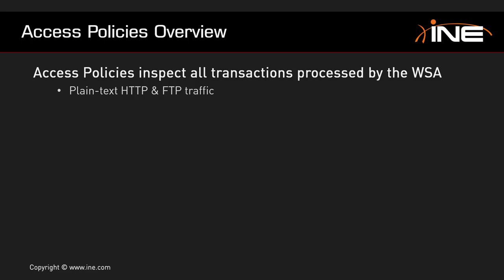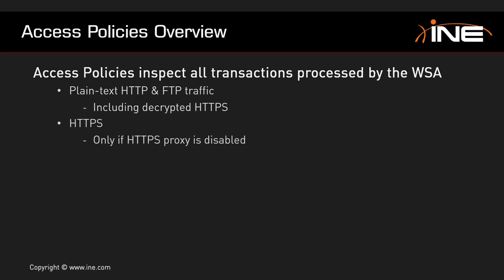But the key thing here is that if you enable decryption, which is a topic I will discuss in another session, it will also include the decrypted HTTPS, because decrypted HTTPS is essentially plain text HTTP. So decrypted traffic is also going to be subject to access policies, but we will get back to this topic in a different video.